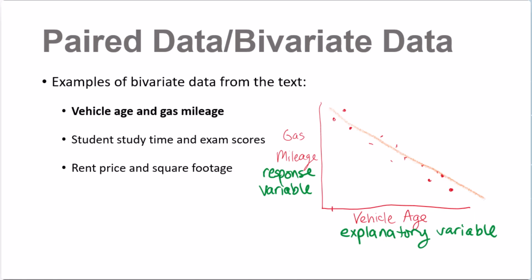This is called a negative relationship or a negative correlation. Now, if I looked at real data here, the dots might not look exactly like my sketch, but we would see that general down and to the right trend in a negative correlation.